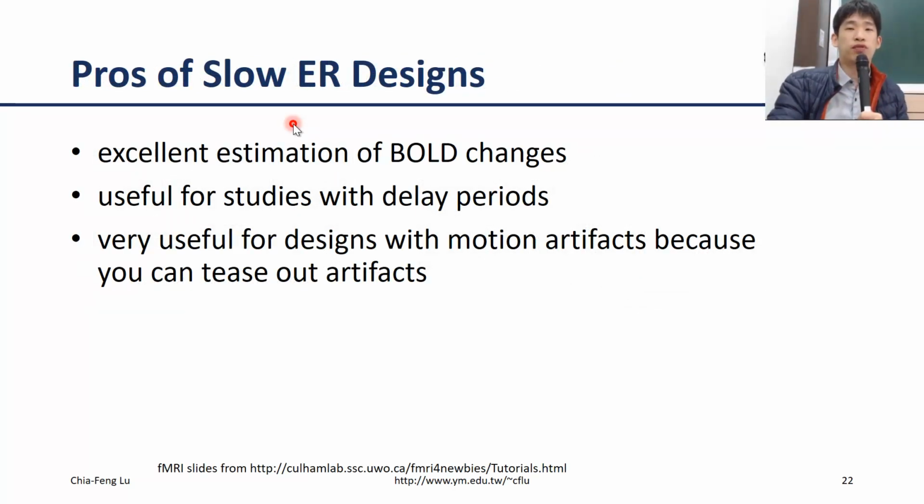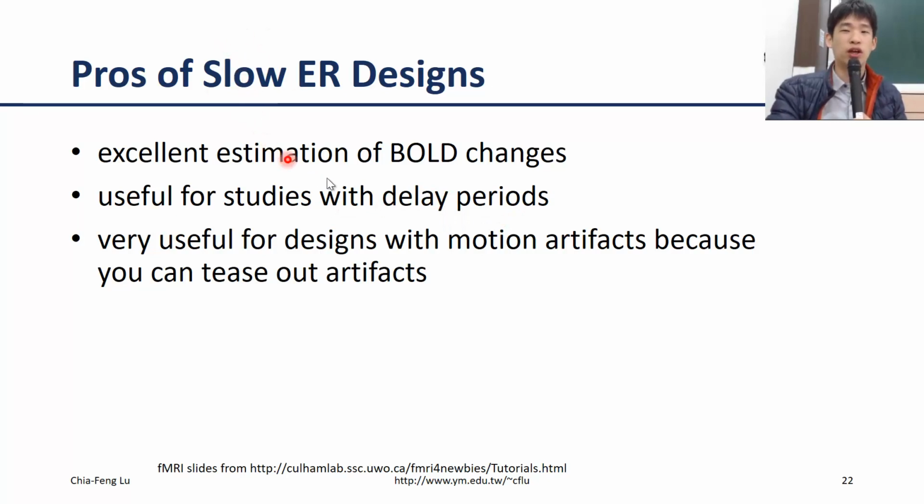So what is the pro, what is a good thing for the slow event-related design? Definitely, if you are really interested in single event-induced BOLD signal change, you can use this one. It has excellent estimation of the BOLD changes, and it's definitely useful for studies with delay periods.